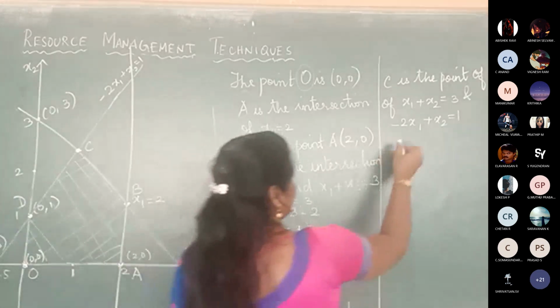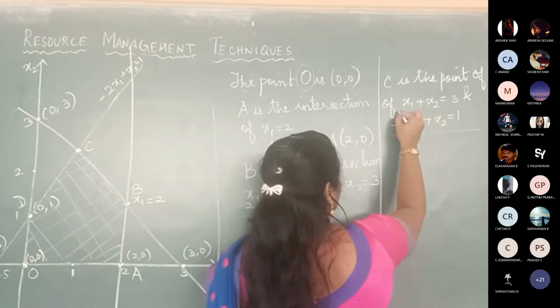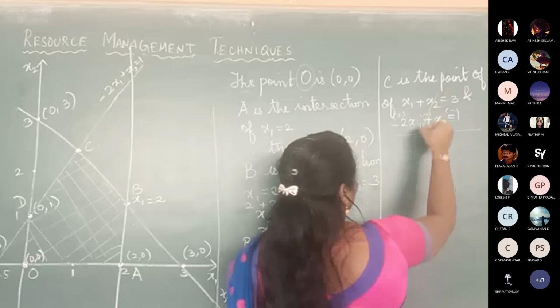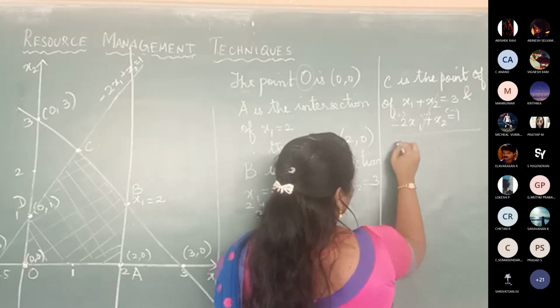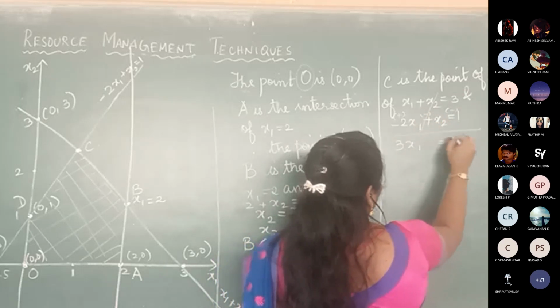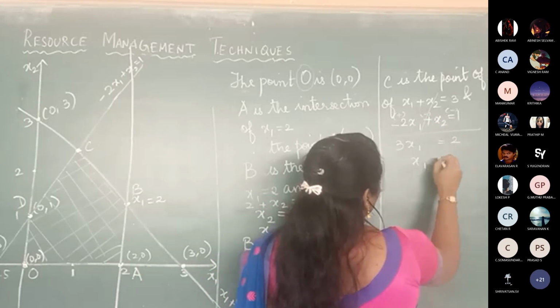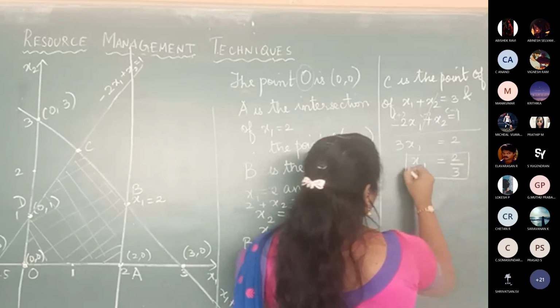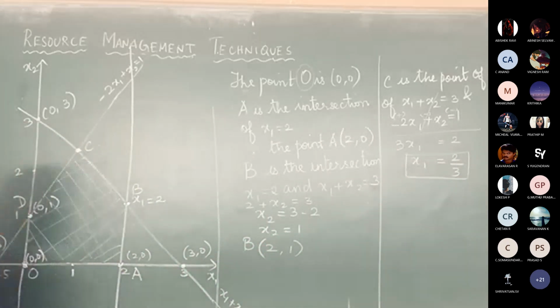So now try to solve this equation. Solving it, you'll have 3x1 is equal to 2, so your x1 is equal to 2 by 3. Are you getting x1 is equal to 2 by 3?